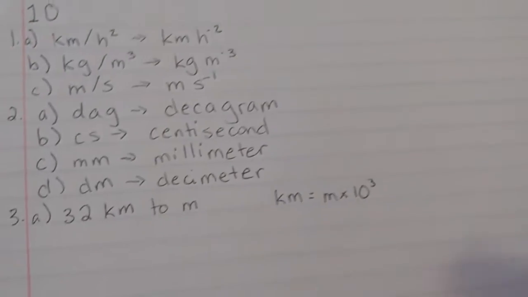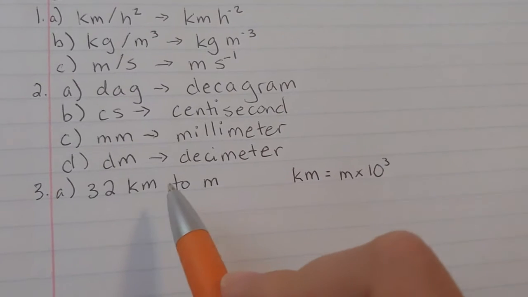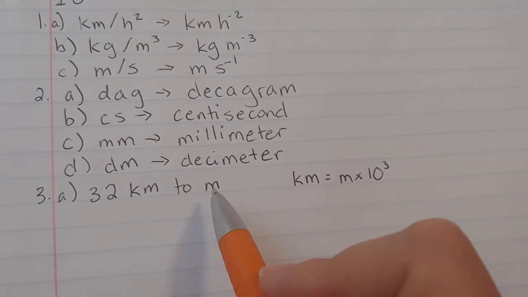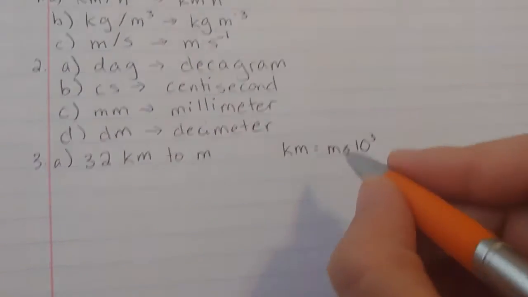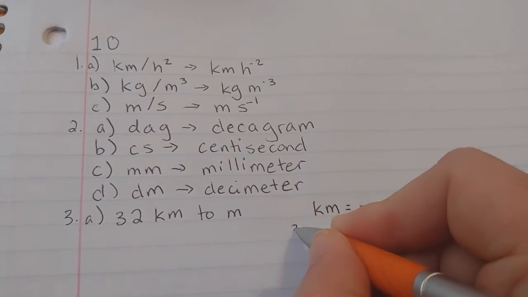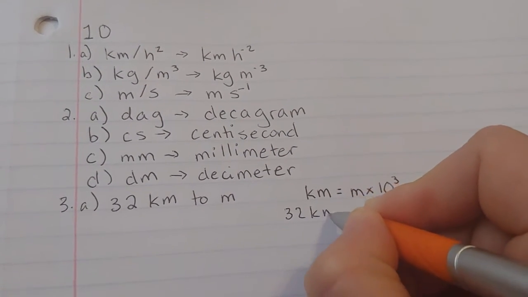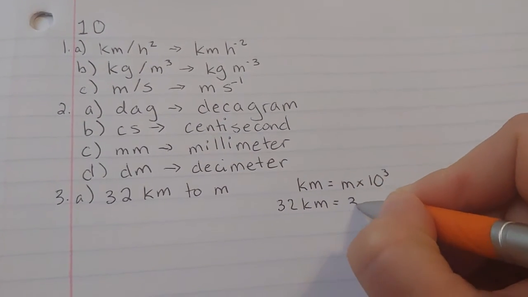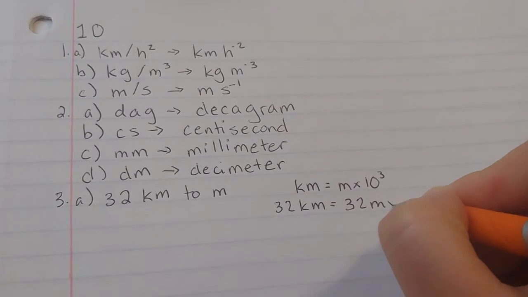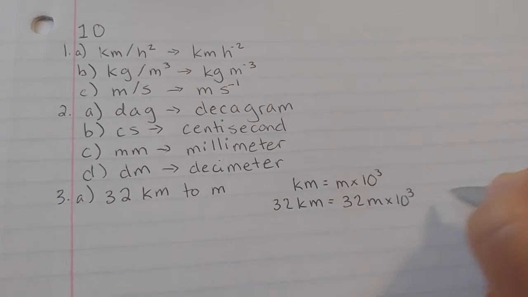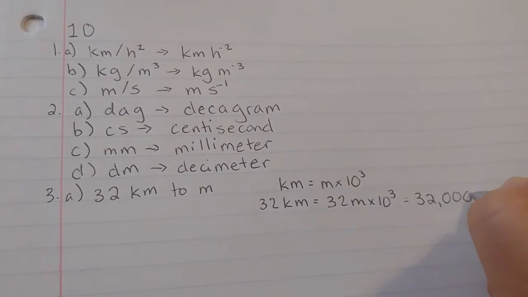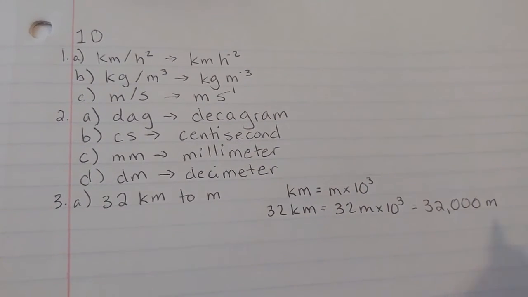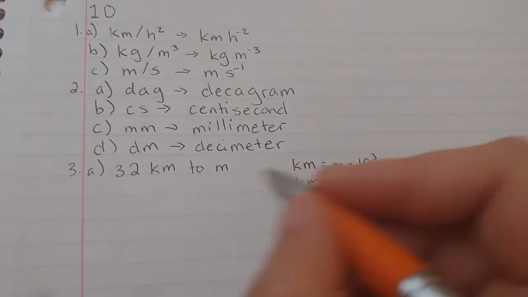All right, which means that if I'm converting to meters, I have 32 kilometers equals 32 meters times 10 to the third, which equals 32,000 meters.